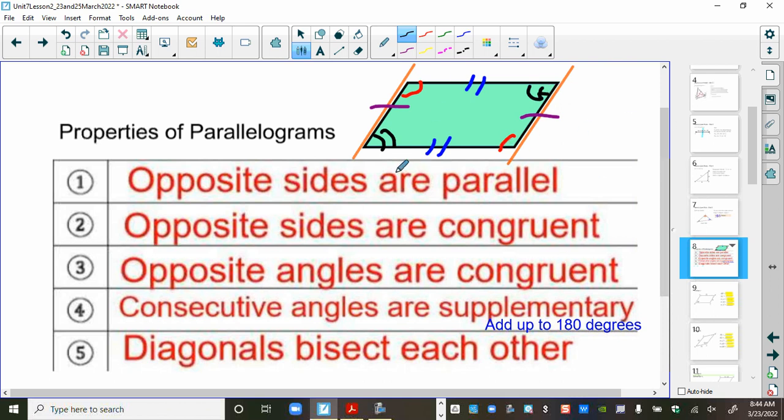Now, the consecutive angles are supplementary. That means they add up to 180. So, it means the 2 angles going up and down, or the 2 angles going right to left. They're supplementary, consecutive. That means they're next to each other.